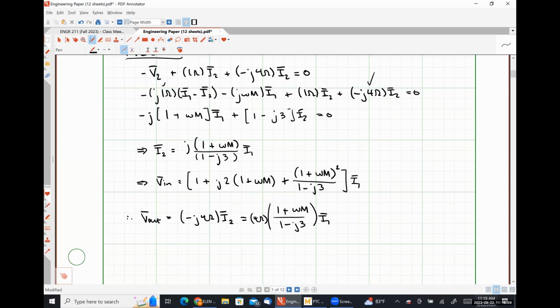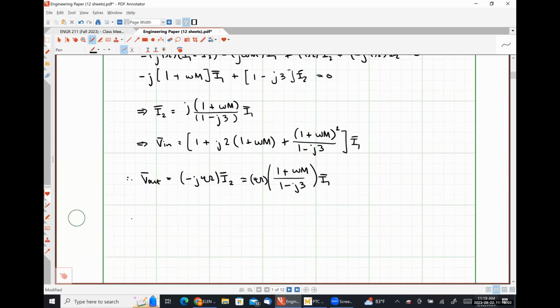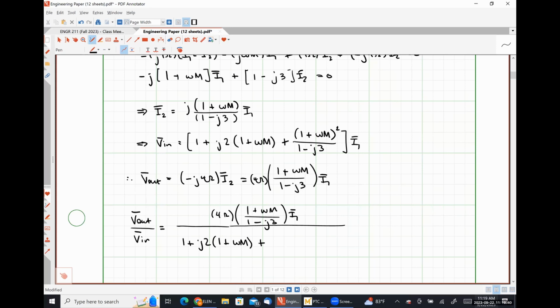So now I'm going to take the ratio of V out to V in. So V out divided by V in is going to look like 4 ohms times 1 plus omega m over 1 minus j3 times I1, divided by 1 plus j2, 1 plus omega m plus 1 plus omega m quantity squared divided by 1 minus j3.